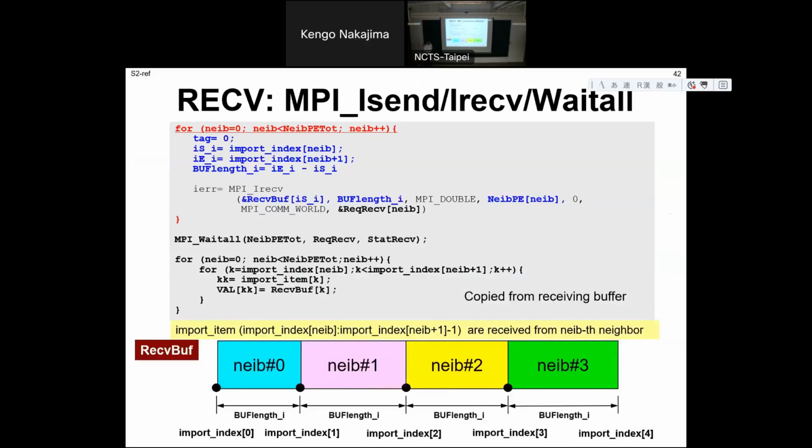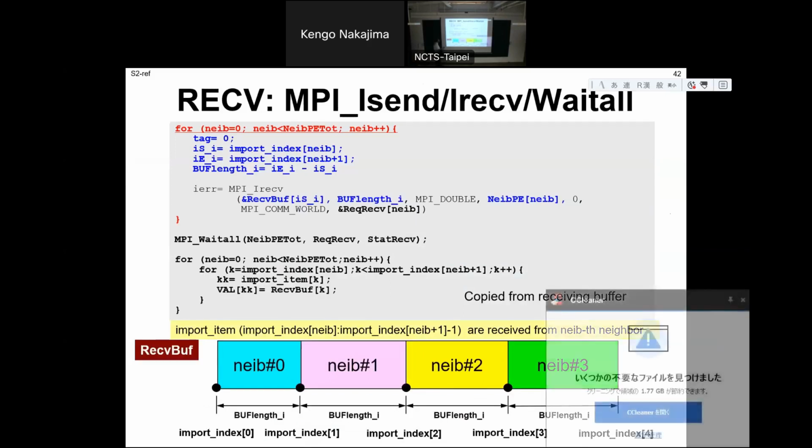And this is how we utilize the communication table for receiving. First, we do the communications using this receiving buffer. After calling wait all, we copy the content of the receiving buffer into the external point.